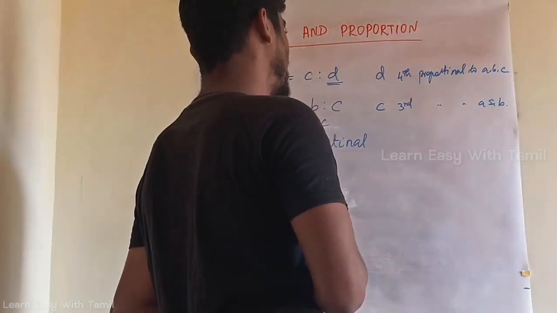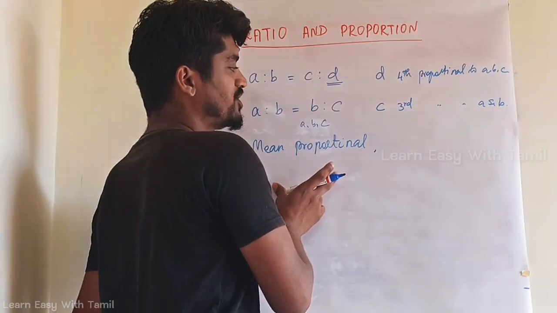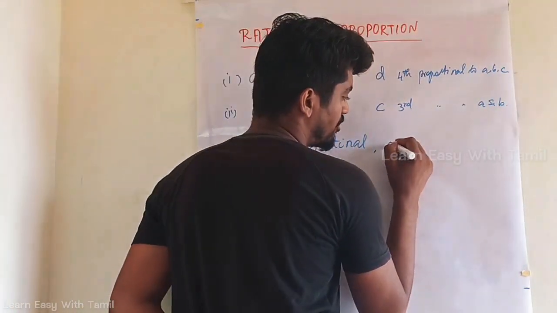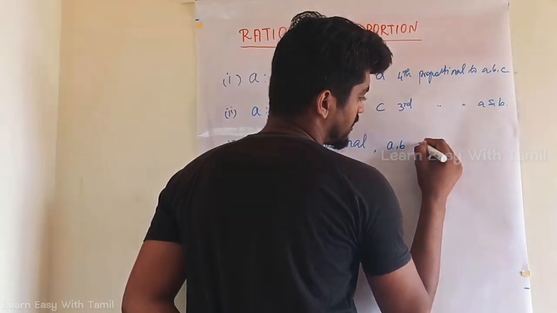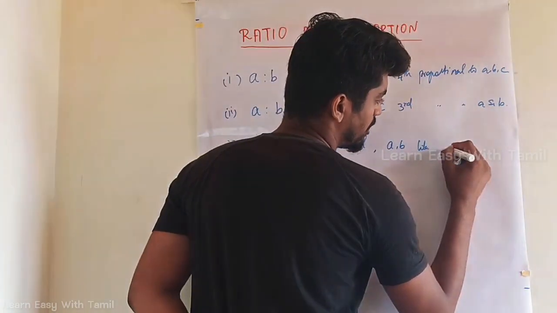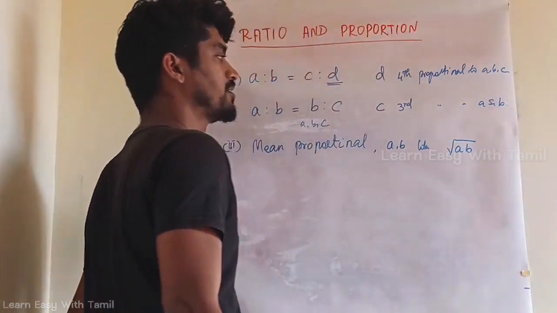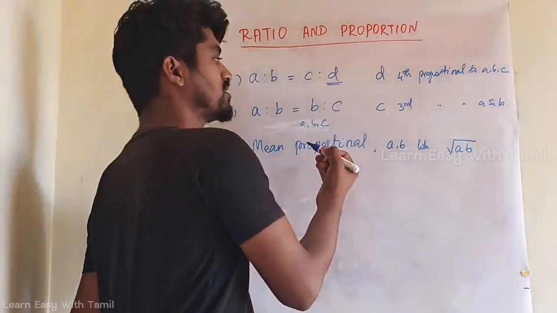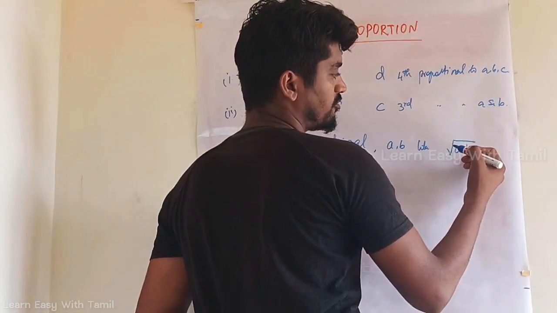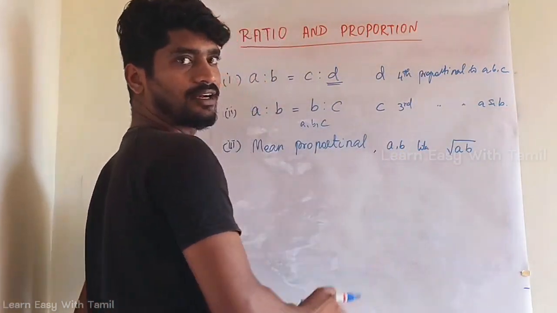Mean proportional is the value between A and B. To find the mean proportional of A and B, it is the root of A times B. The mean proportional value lies between A and B.